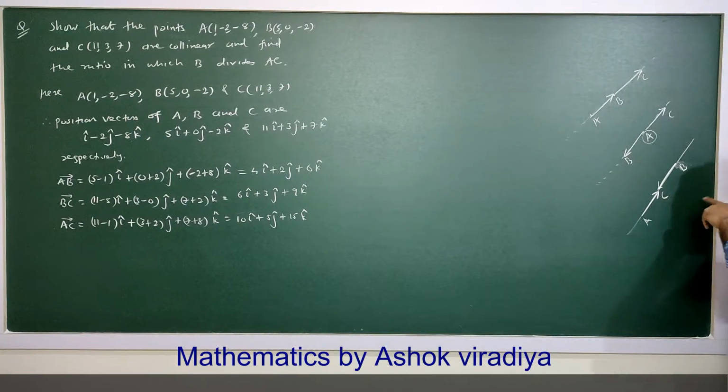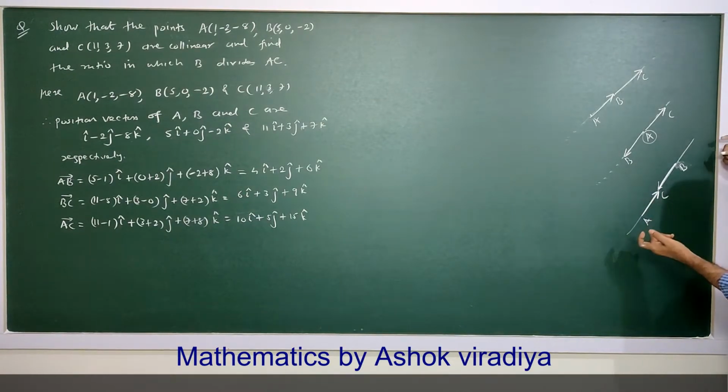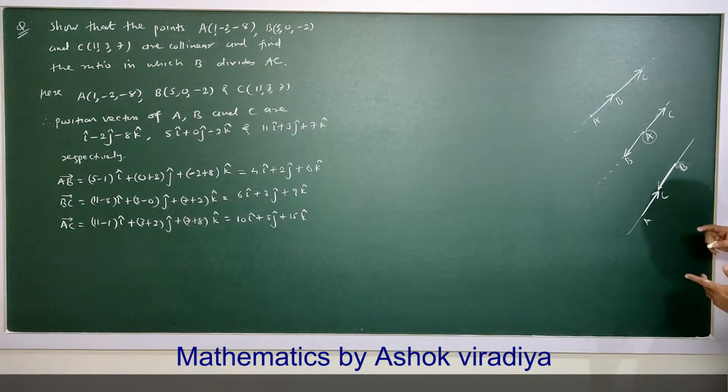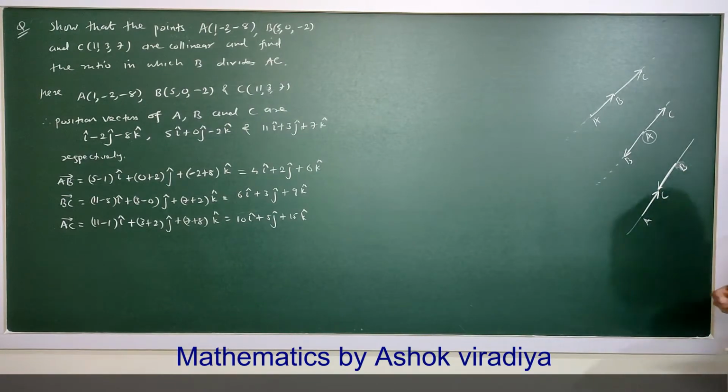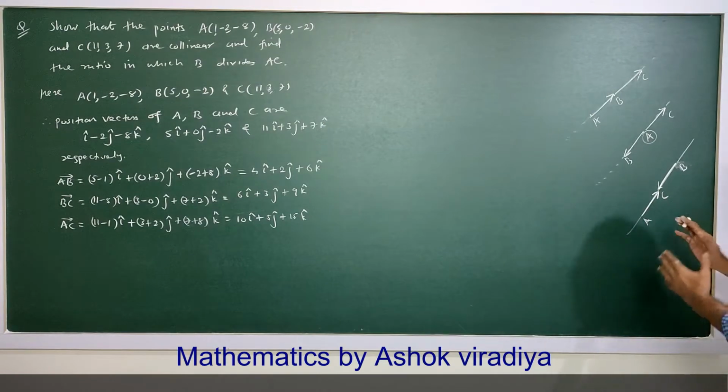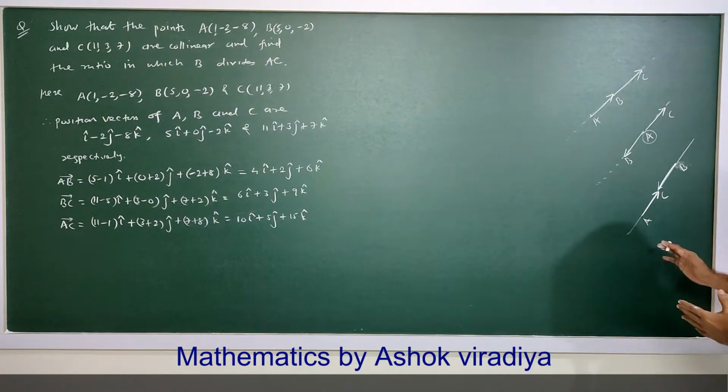So if terminal points are the same and vectors are in the opposite direction or in the same direction, it means the vectors are collinear with a common terminal point or common initial point, or the terminal point of the first vector and the initial point of the second vector are the same. So vectors are collinear, hence points are collinear.